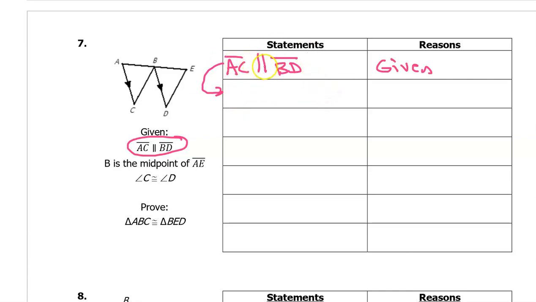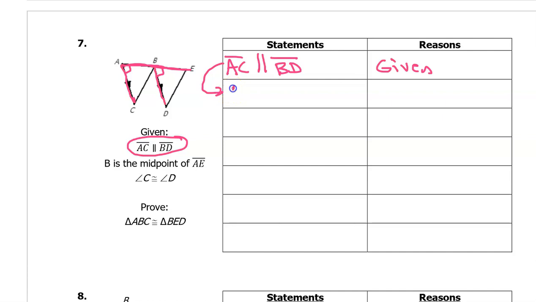The way you turn parallel into a congruence is go ahead and trace those parallel segments. So there's one and there's one. And then make the transversal. So we see a letter F, sort of a backwards and sideways letter F. The corners of the F will be congruent.